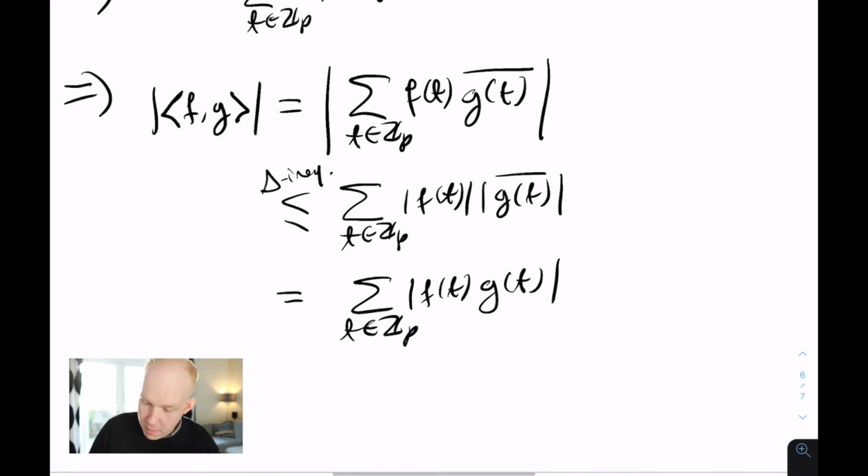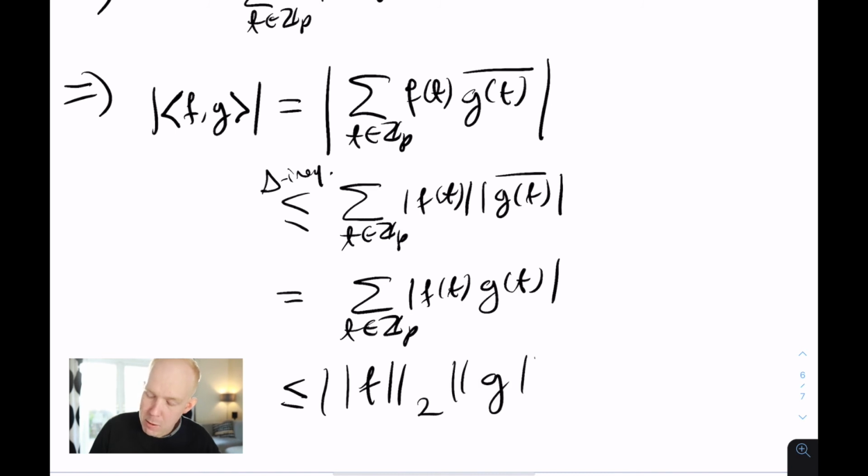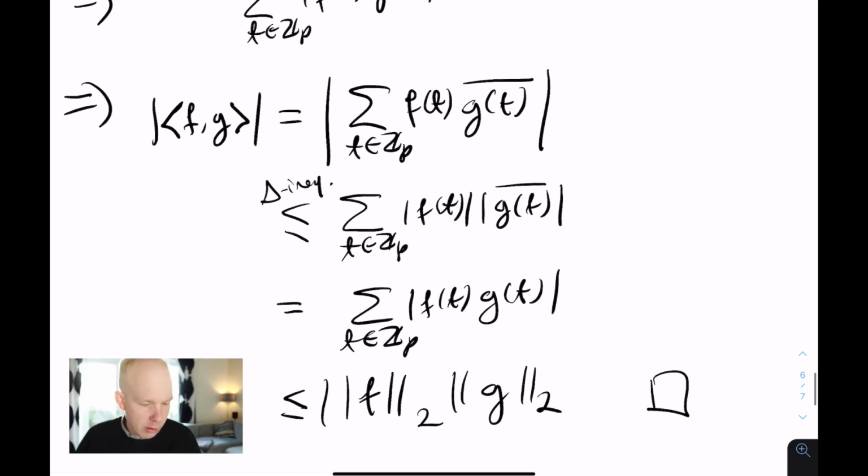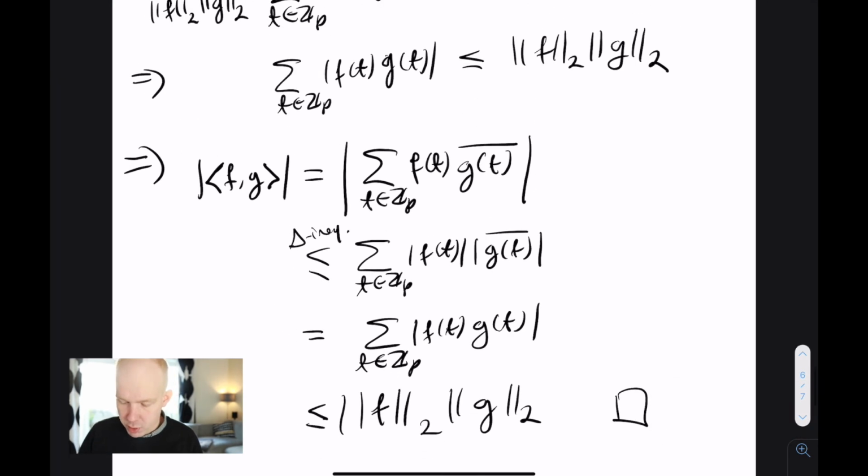So we have the proof of the Cauchy-Schwarz inequality as claimed. Okay, so that's the basic idea of how to prove the Cauchy-Schwarz inequality.